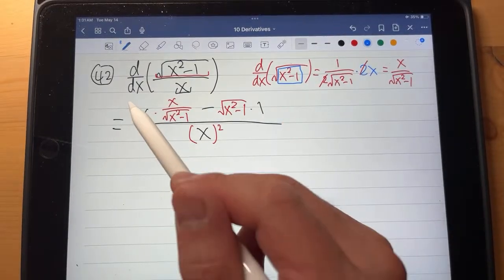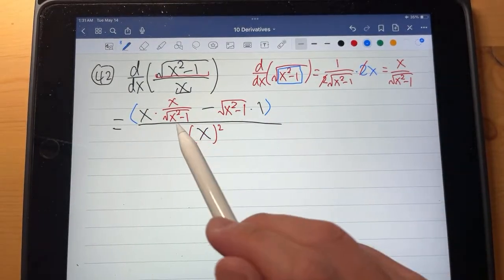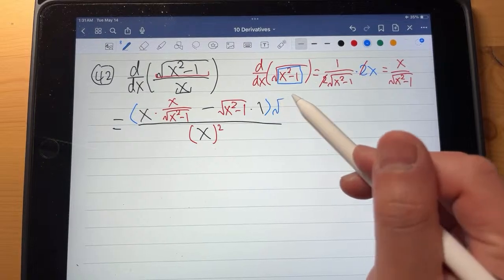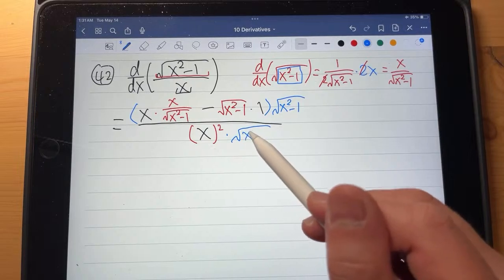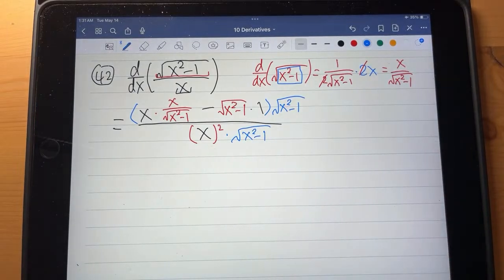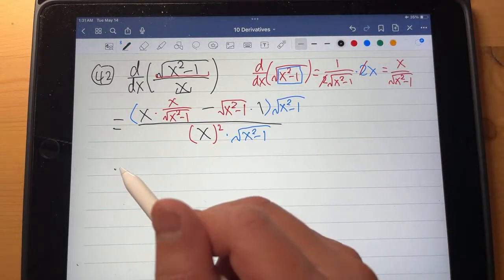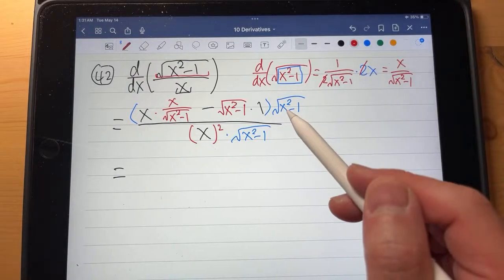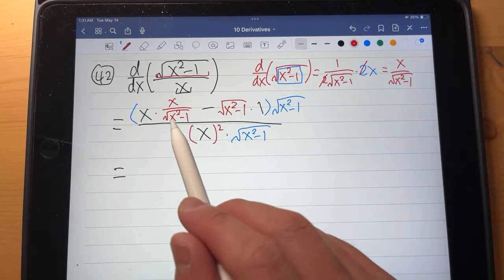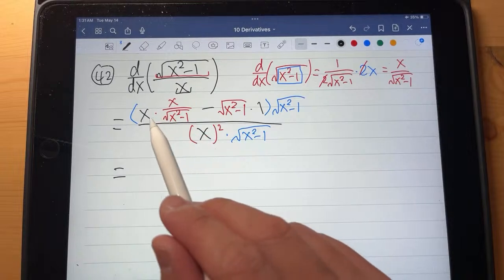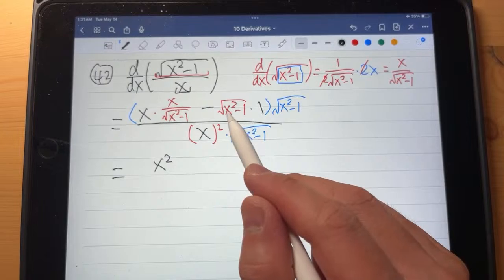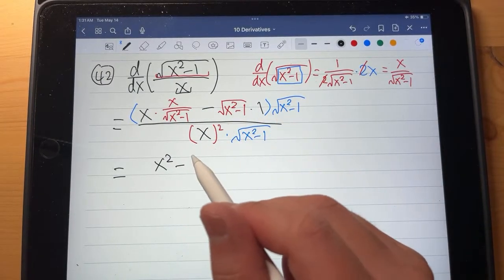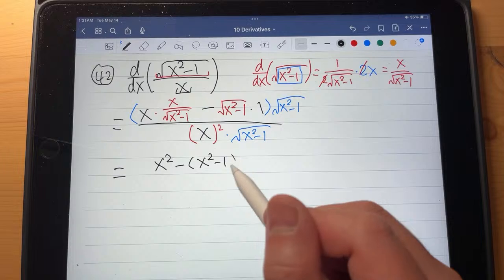And to simplify this, let's just multiply the top and bottom by this denominator, so square root of x squared minus 1. And let's also multiply that by square root of x squared minus 1. So have a look. Here, when we do this times that, the denominator and that will cancel. So we just have x squared. This times that, the square root will cancel. So it's minus parentheses x squared minus 1.